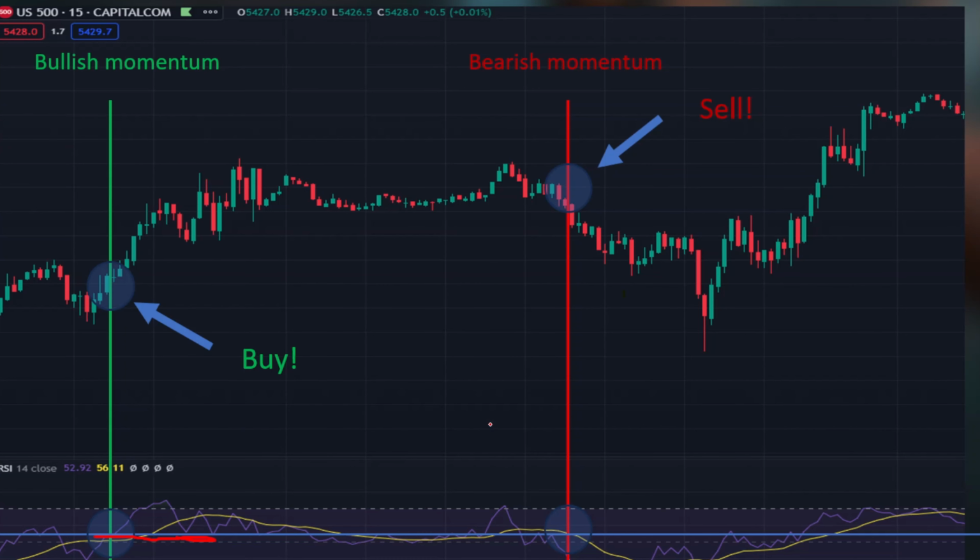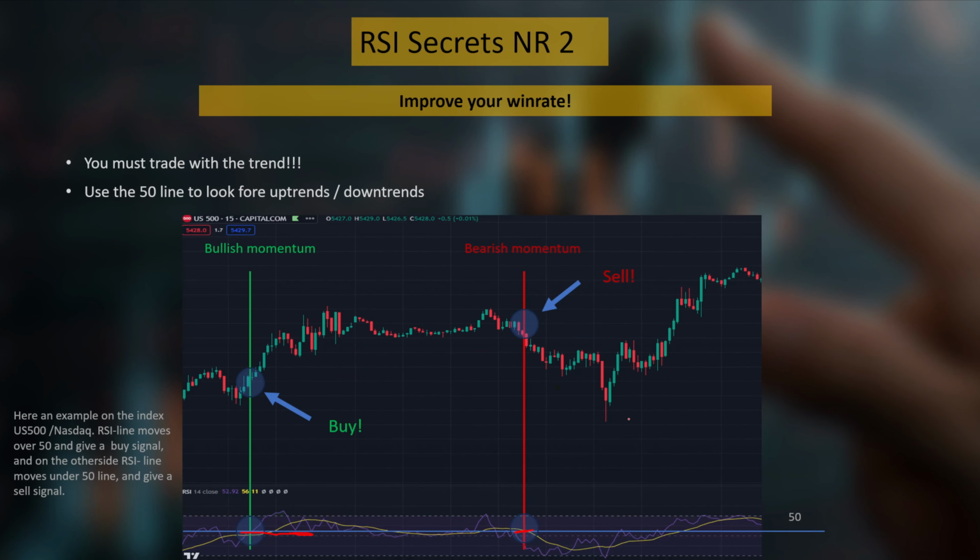In a bearish momentum, when it crosses the 50 here, it's time to sell, getting short. So it's a great tool to use when you have a trending market, using it as a momentum tool.